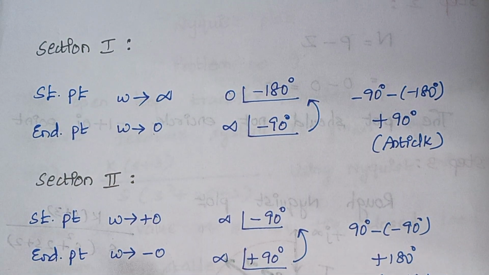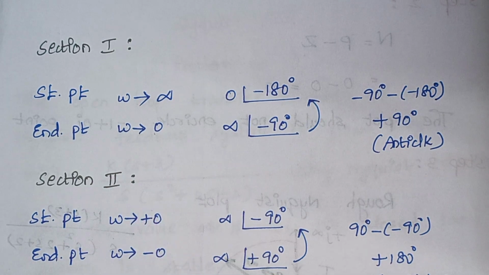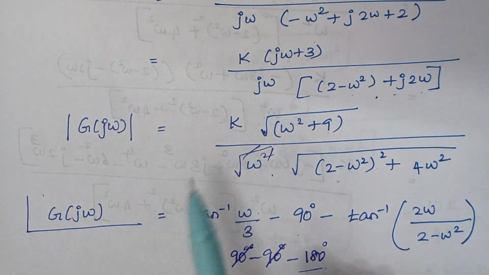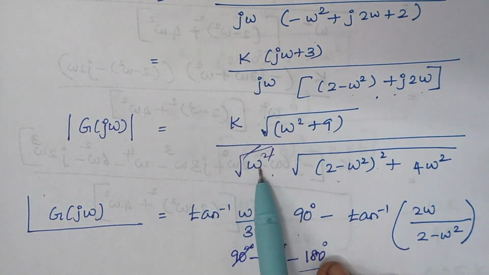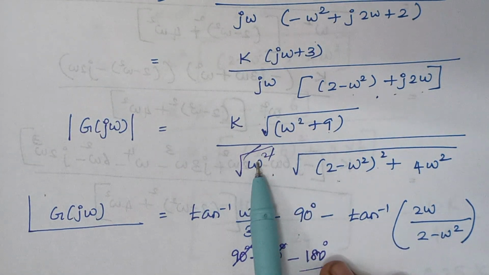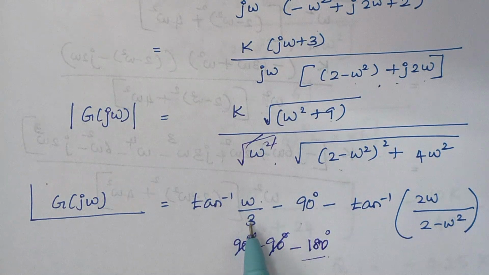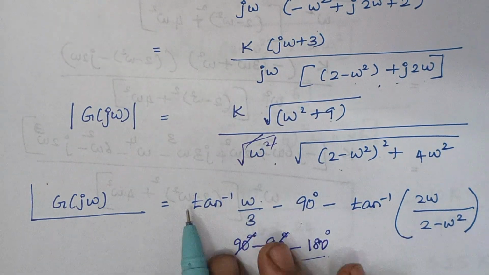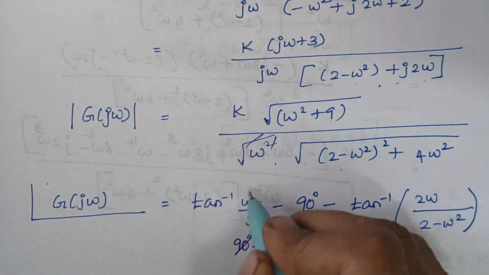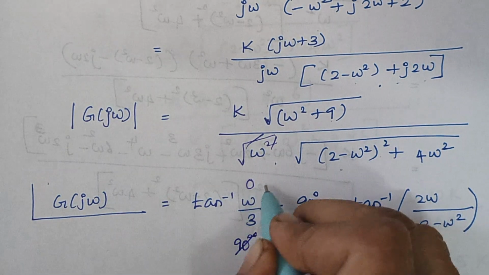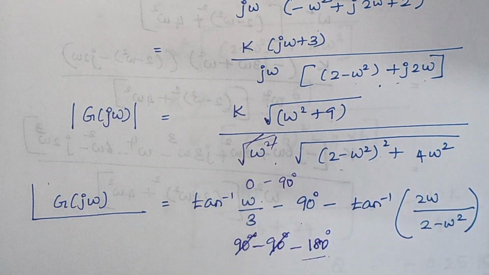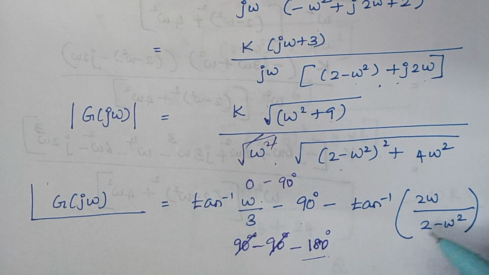Now we are going to substitute the value of omega as 0. When you substitute the value of omega as 0, anything divided by 0 is infinity, right? That is infinity. And now when you substitute omega as 0, this term becomes 0 and here this 90 degrees comes, and finally this term also reduces to 0.